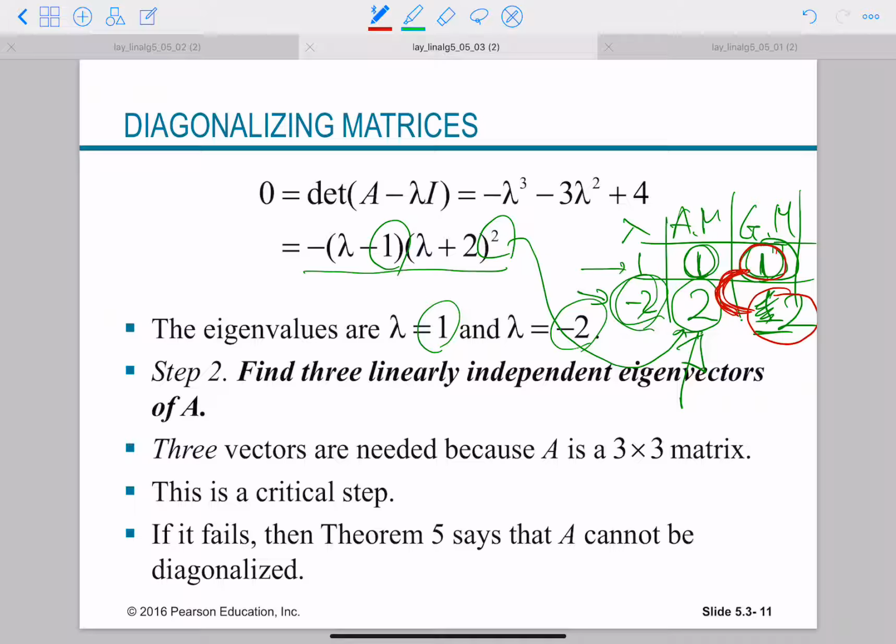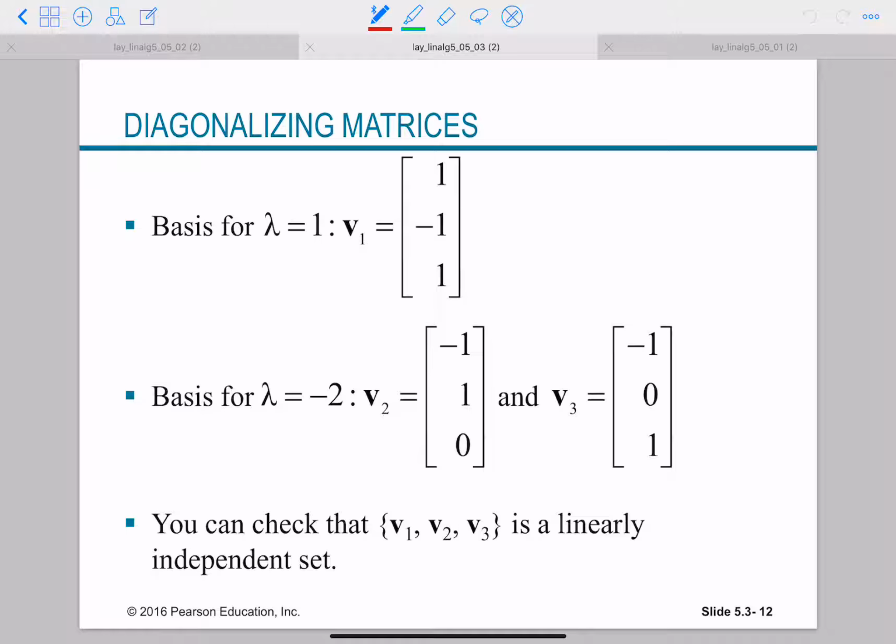Okay, and that way we can form our P, whose columns are our eigenvectors, right? And then we can also form our D from the corresponding eigenvalues. Okay, so these two are the basis vectors, and you know the reason we see 1 0 and 0 1 over here: they correspond to the free variables in our homogeneous linear system.